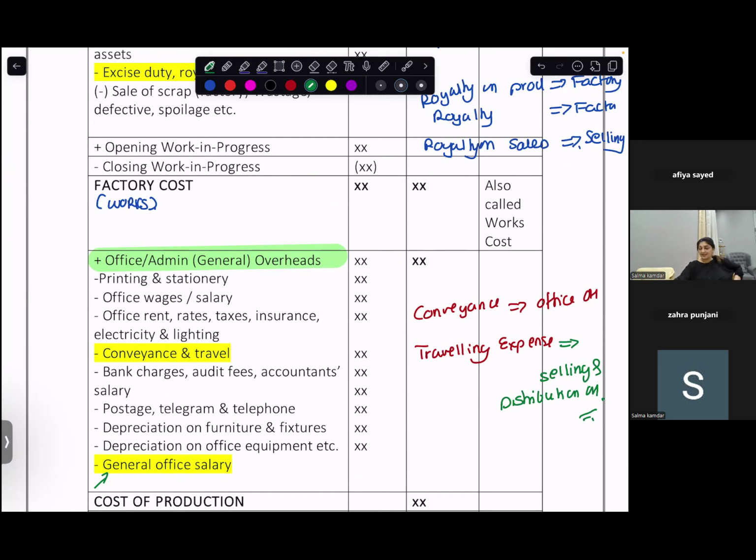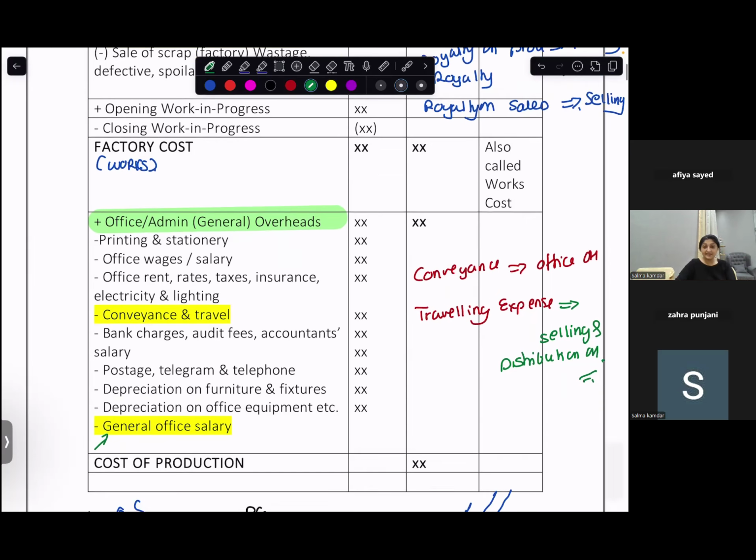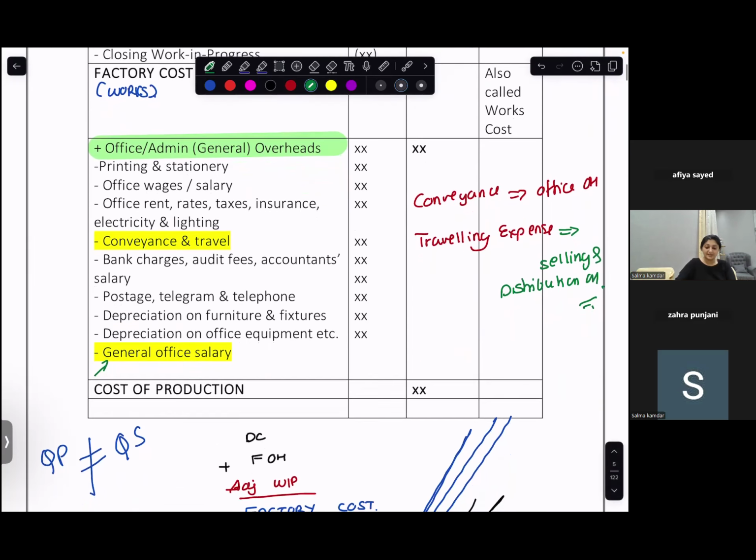Carriage outward is something you pay to get the goods transported to your customer. Traveling expenses are for promotion in different parts of the world so that your goods are known, so it is related to sales. I hope this is clear. These are the places where they confuse the kids.